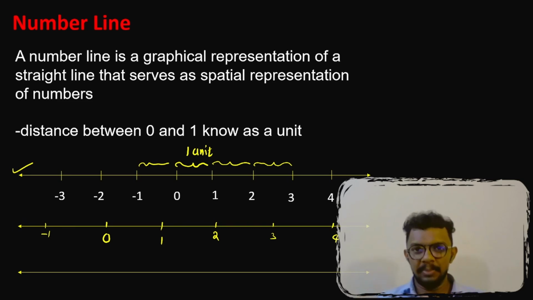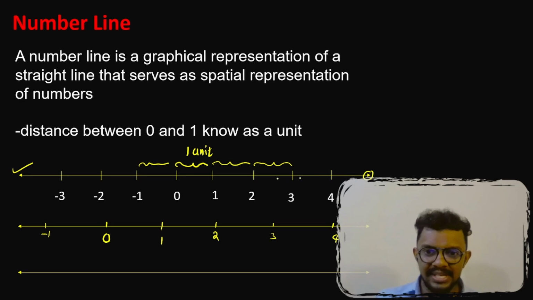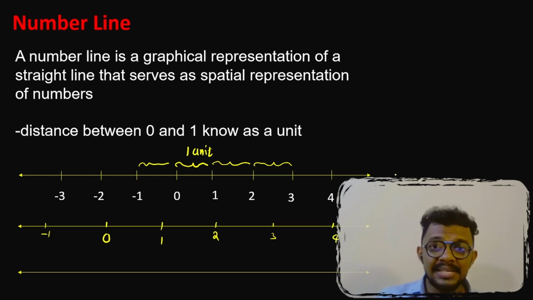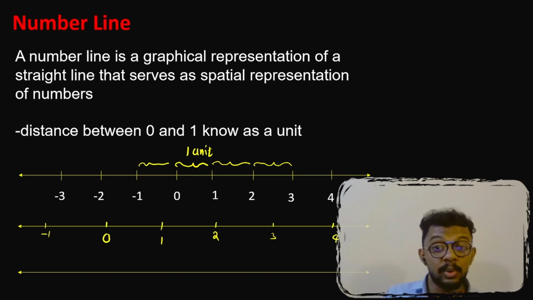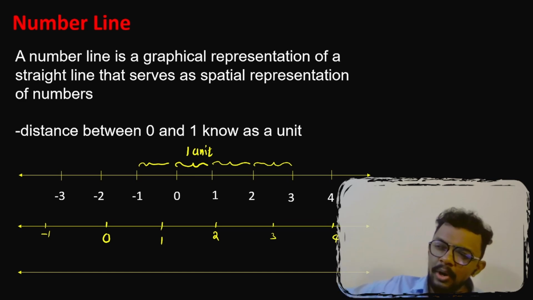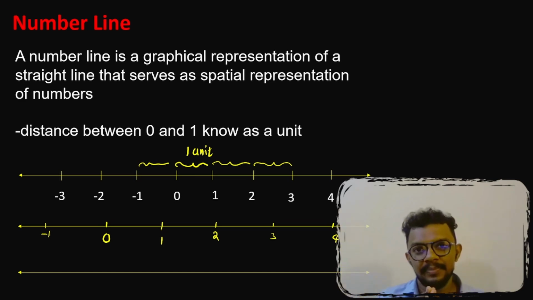Next point about number line: it is never ending. Do not wonder what is the meaning of these symbols. These symbols mean this number line is never ending. Somewhere here 1 lakh is there, somewhere here 1 crore is there, somewhere to the right of it 10 crore is there, and it is moving on to infinity.